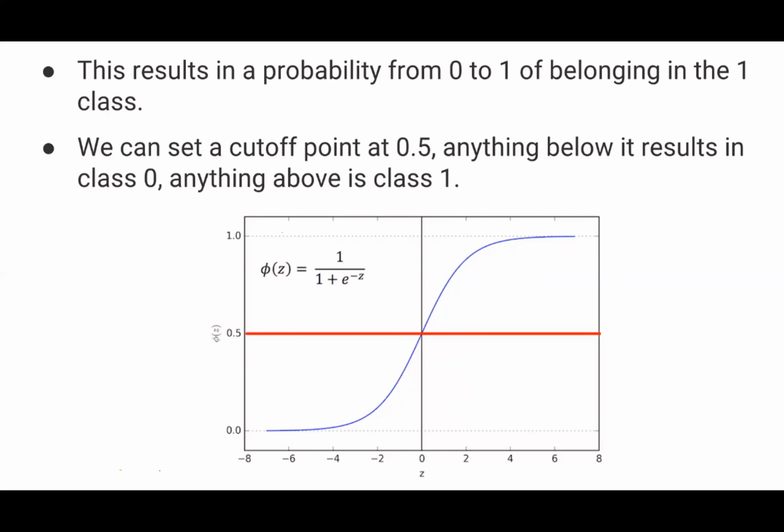So the output of logistic regression will be a value between 0 and 1. If the value is more than 0.5, we say yes, it's a spam email, or you passed, or you do not have the disease.